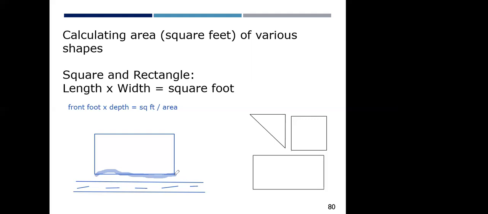So the length may be the front foot. The depth of the lot, then, if we were standing right here with our back to the road, is how deep is it? How far back does it go? So if I wanted the square foot of this tract of land, we would take the front foot, the part that runs parallel with the road, and we would take the depth, what you're looking at when you have your back to the road.